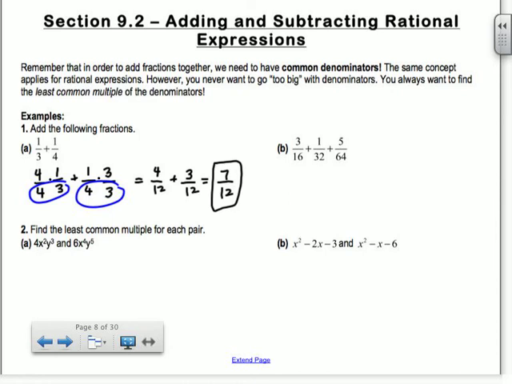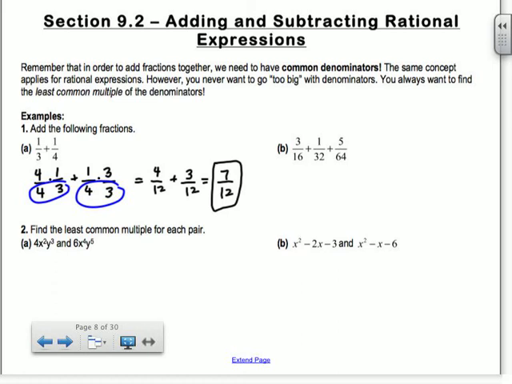Okay, but you don't always have to use each denominator. Like this next one, I don't have to multiply by 32 and 64 on the 16. This one I'm going to make a little bit easier. I'm just going to make the denominator what? 64, because they're all divisors of 64. All right, so I'm going to multiply the first one by 4/4. That's going to make 64.